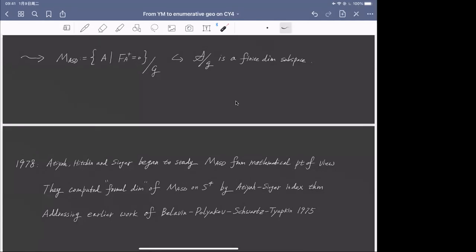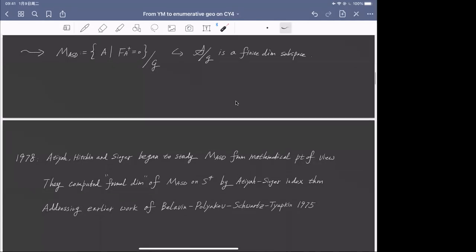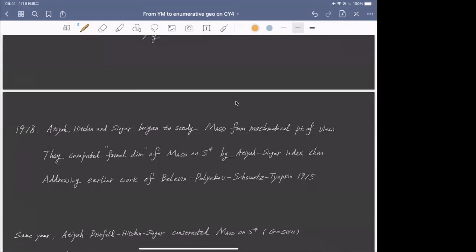Okay, so what they do at the beginning is not very difficult. They first considered the so-called formal dimension of this moduli space on the simplest compact four-manifold. This is the 4-sphere, and we use the notation S^4 to denote it. So what is the formal dimension of this moduli space?